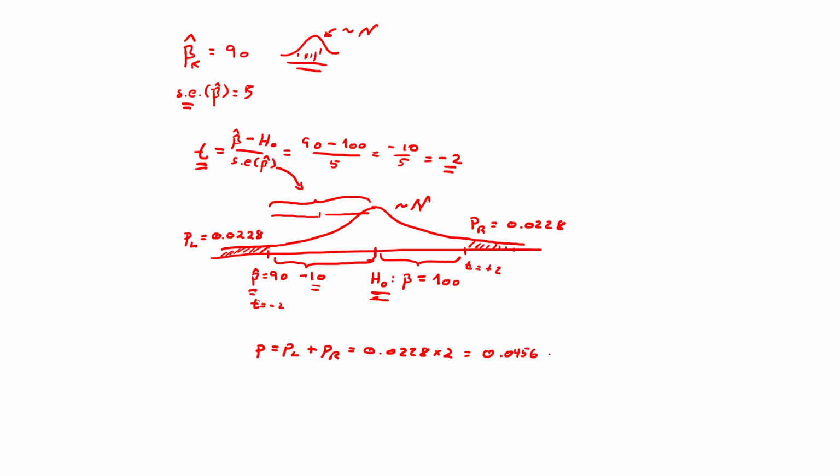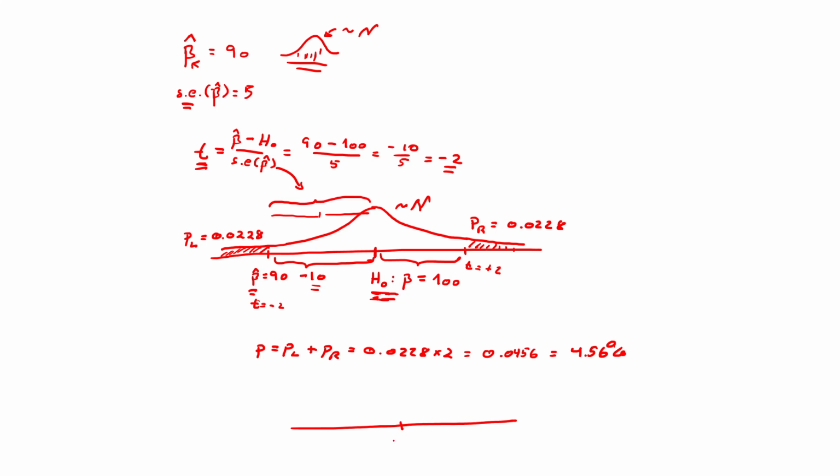So the probability of getting a more extreme t-value than -2 or +2 is 0.0456, given that this null hypothesis is true, and given that the standard error of the sample distribution is true. So this is just 4.56%.